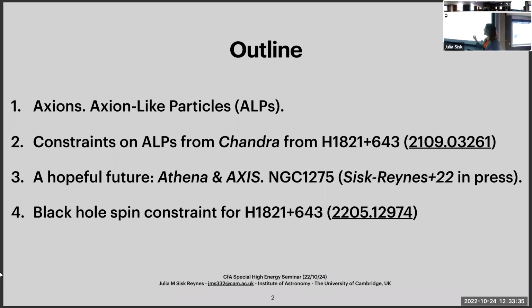I'll be taking simulated observations of NGC1275, the central AGN at the Perseus cluster, and explaining what Athena and AXIS will be able to do. And then finally, I'll highlight the exciting spin constraint that we found for the high mass supermassive black hole at the center of the 1821+643 quasar.